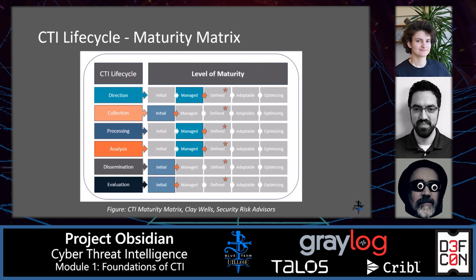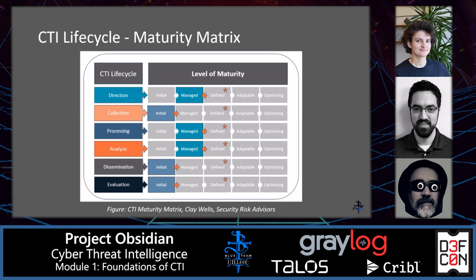It can grow and expand from there, right? Collecting data from different sources, etc. So I put this together to demonstrate that a CTI program can use this model, this matrix, as a way to assess their level of maturity. And you can set goals for the next 12 to 24 months.